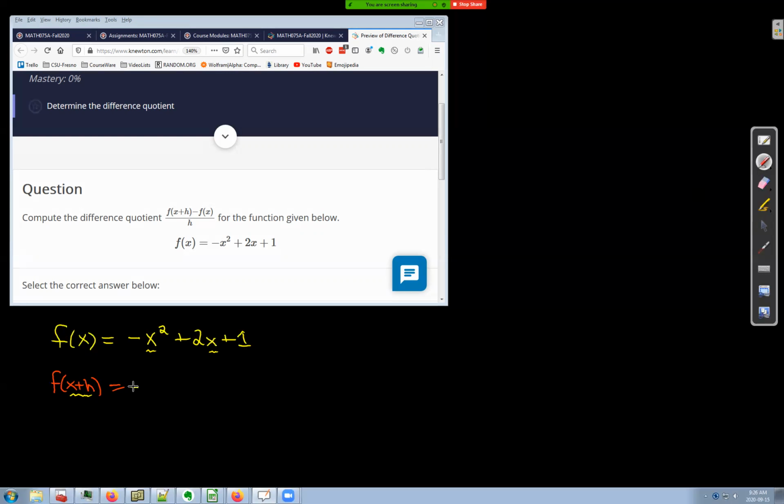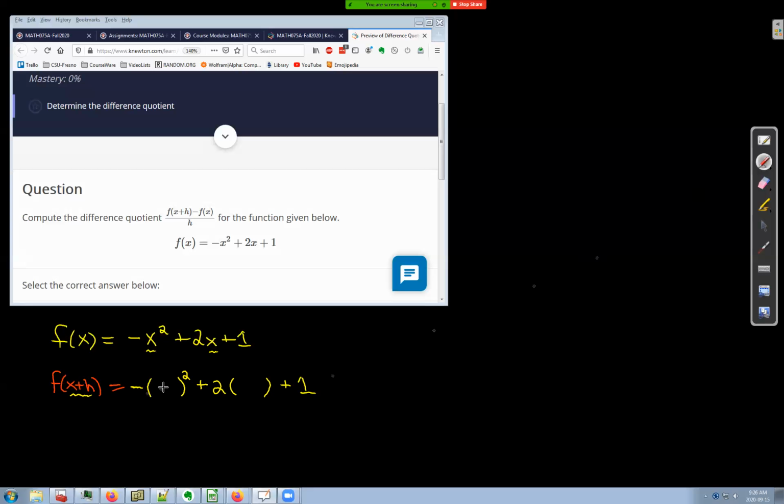So the way I'm going to do this is I'm going to rewrite f of x, but everywhere I see an x, I'm going to put blank parentheses. So I get negative blank parentheses squared plus 2 times blank parentheses plus 1.